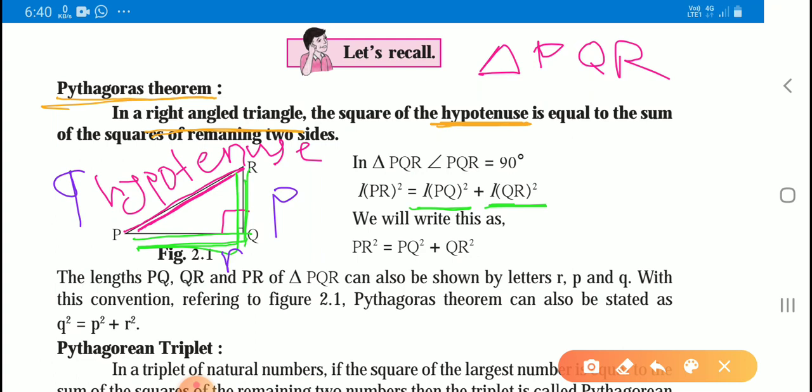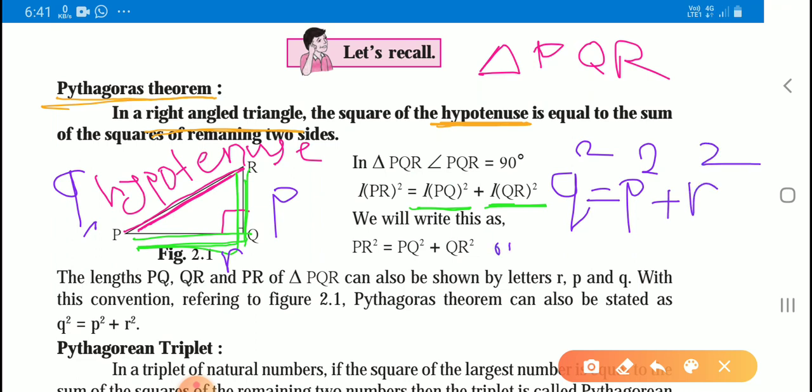So here you can write q square is equal to p square plus r square, or q square is equal to r square plus p square. Anyhow, you can write it.